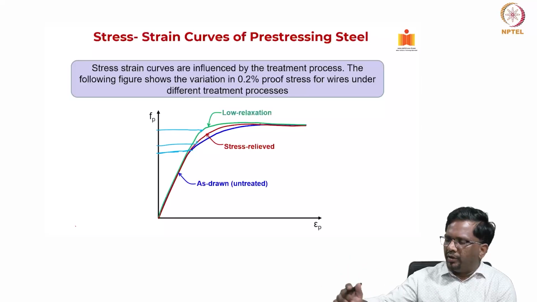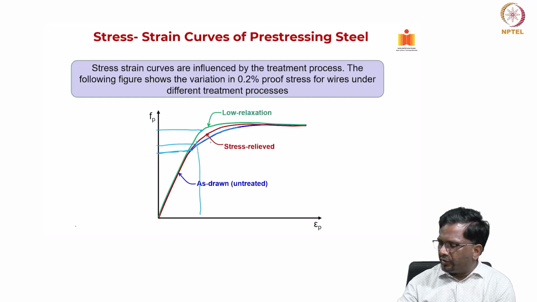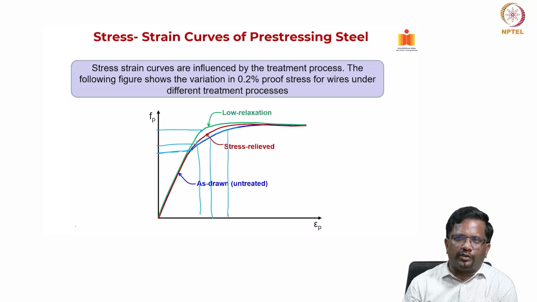So, it is going like this. At these strain values, if you can see, the stress that is offered by these untreated wires is less, but if you are using stress relieved wire, you get much higher stress, and for low relaxation it is even higher.